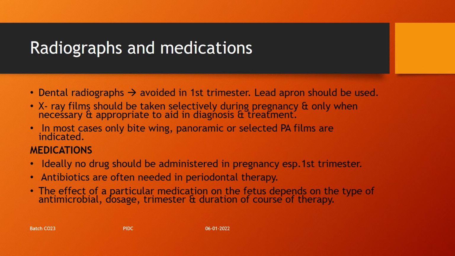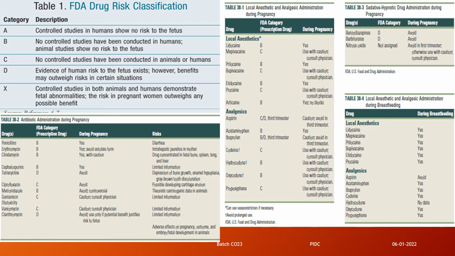the course of therapy. Then coming to the drug risk classification, the FDA has put forward different categories like A, B, C, D, and X. A shows no risk to the fetus, and B means no animal studies have shown risk to the fetus, but no controlled studies have been conducted in humans.